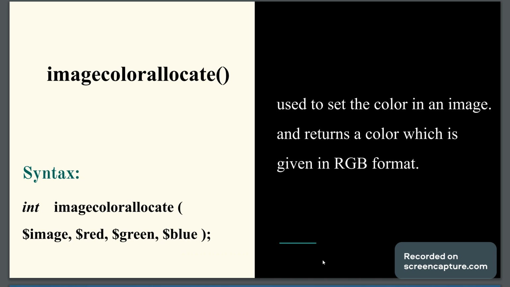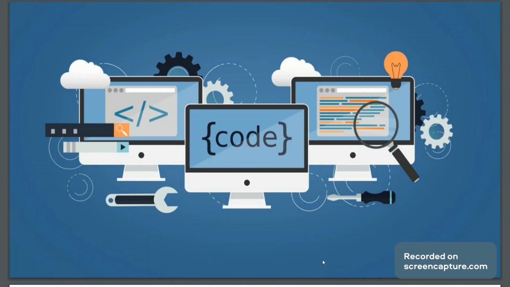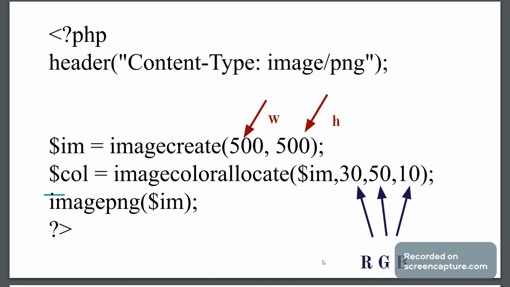Now we will see how we can code the imagecreate and imagecolorallocate functions in PHP. Let's see an example. Start of the PHP code. In a web page we always have to mention the type of content that our web page is going to hold. So in header we are mentioning the content type as image/png.